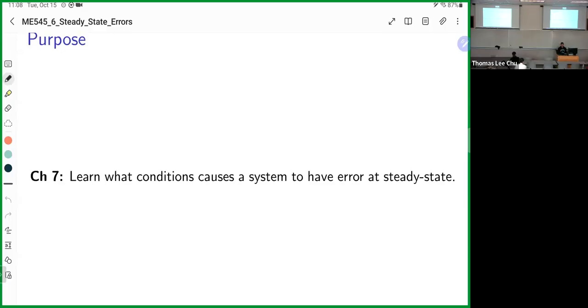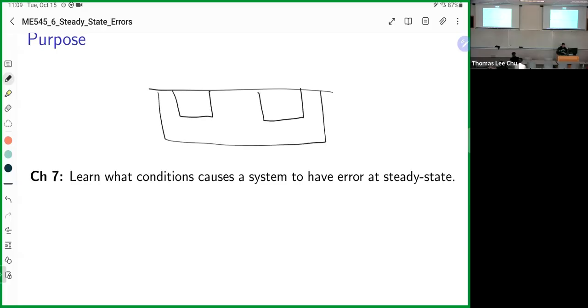Maybe you'll have a system with multiple feedbacks, like a system that looks like this, where you have a feedback here, a feedback here, and then maybe a block here, a block here. Learning how to derive error for this particular system will be useful, but we can't use the equations from this textbook on that kind of system.